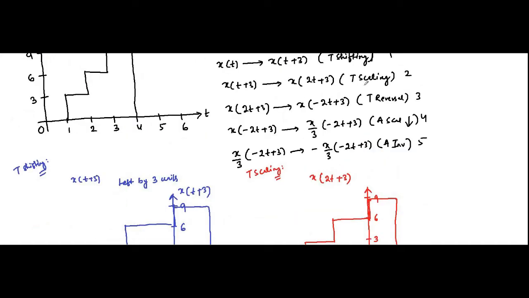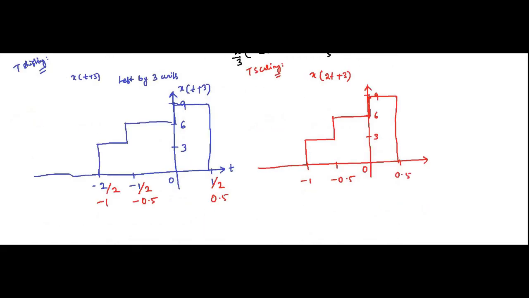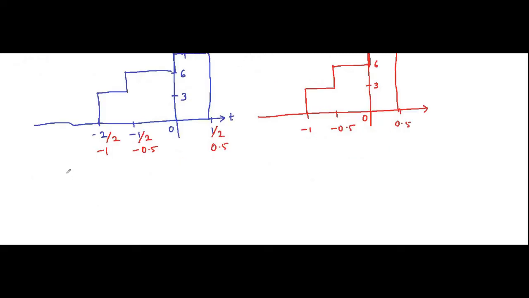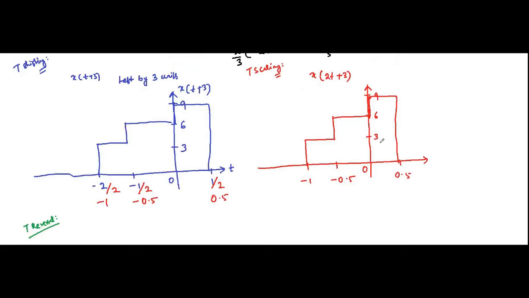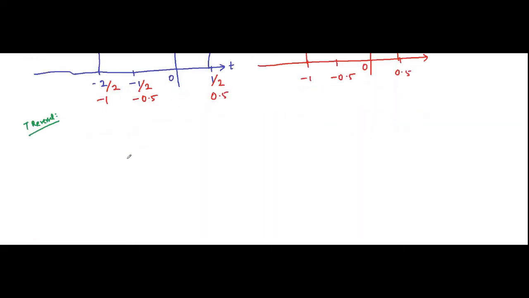Next we have time reversal. For that, we have to simply form the mirror image of this time scaled signal about the positive time axis, imagining as if a mirror is placed along the amplitude axis. So the time reversed signal will look something like this.